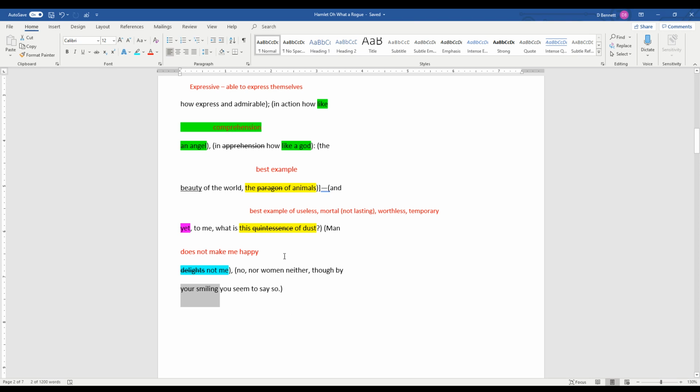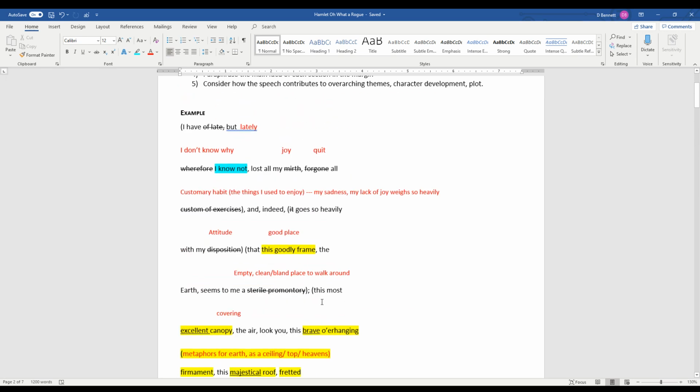So he has to turn to them and say, no, nor woman neither, though by your smiling you seem to say so. As if they're saying, oh, well, men don't make him happy, but I bet women do. And so this is what kind of interrupts his speech and causes him to stop.